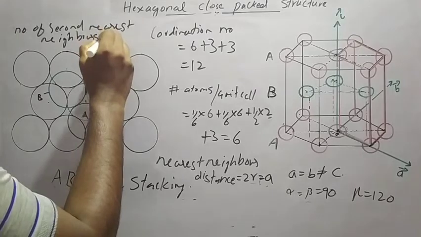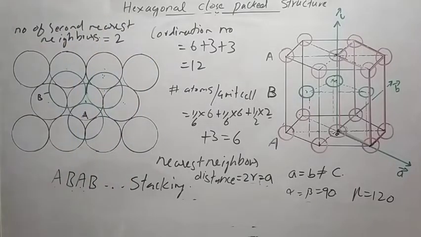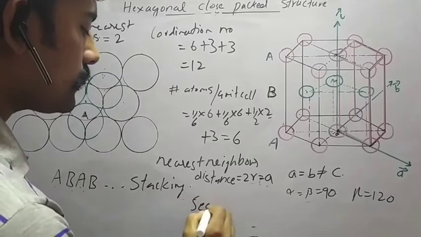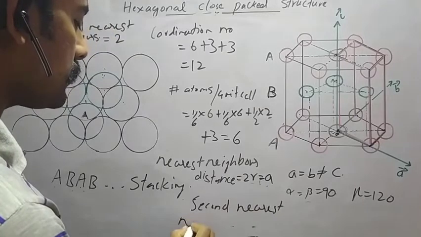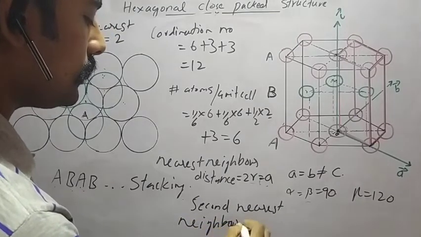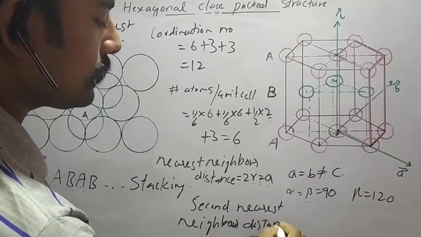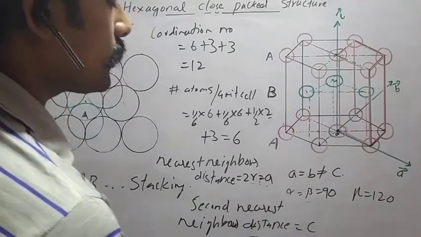Okay, so the number of second nearest neighbors is equal to 2, and the second nearest neighbor distance is equal to, the distance between these two atoms is equal to C.